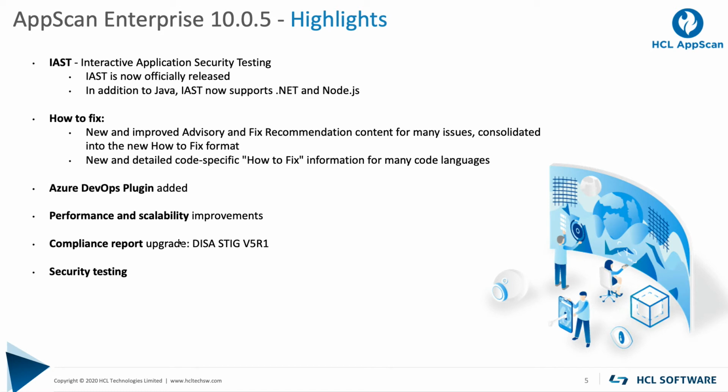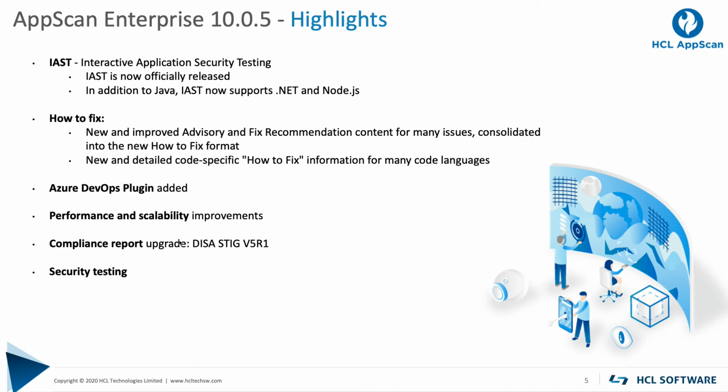Okay, so for AppScan Enterprise, again, these are the highlights, not everything. The most important thing to note is the official release of IAST, Interactive Application Security Testing. We introduced IAST as a feature preview in 10.0.2, several releases ago.